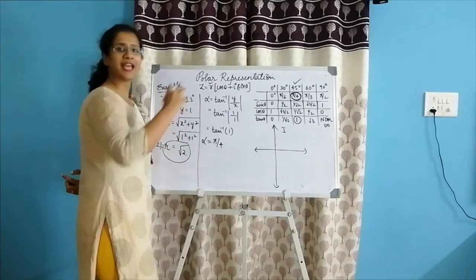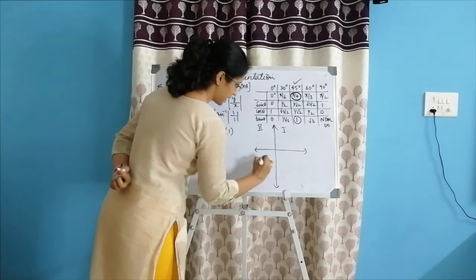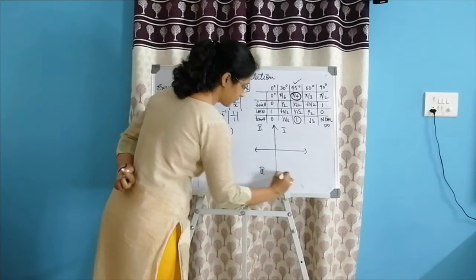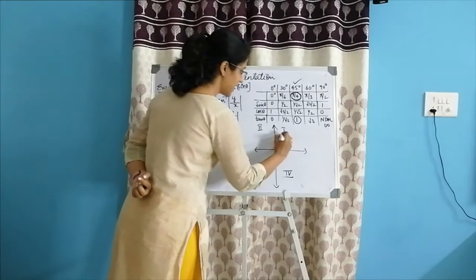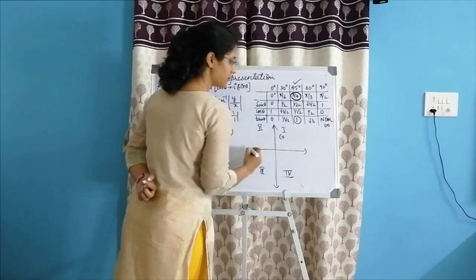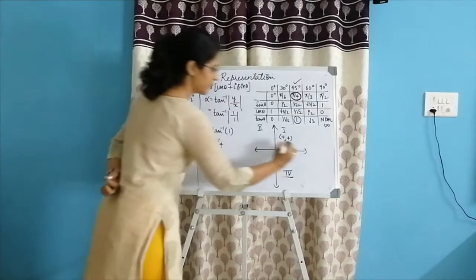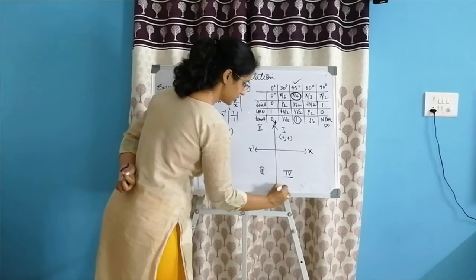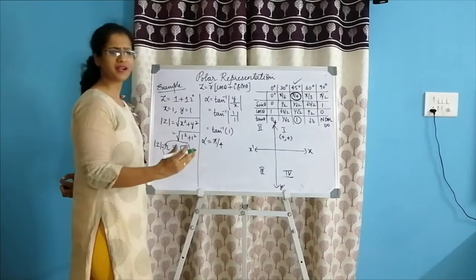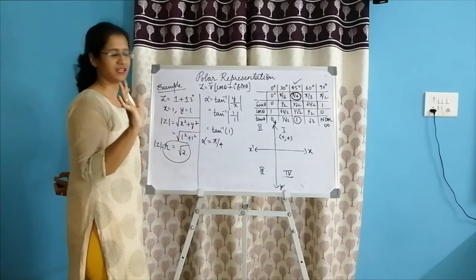Obviously, we are naming it in anti-clockwise direction. So first quadrant, second quadrant, third quadrant and fourth quadrant.